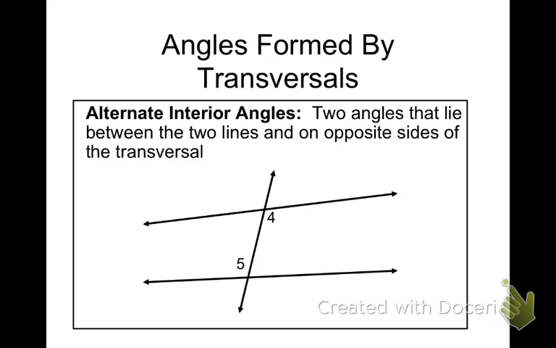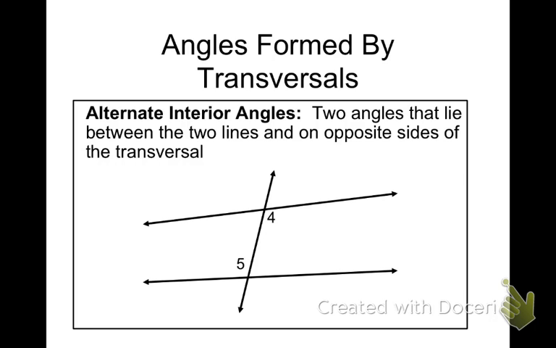So two angles that lie between the two lines and on opposite sides of the transversal. So go ahead and mark 4 and 5 on your diagram. Again, I realize I think your lines are squeezing in here as opposed to up there.